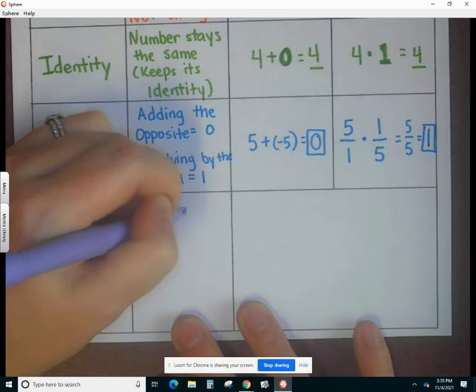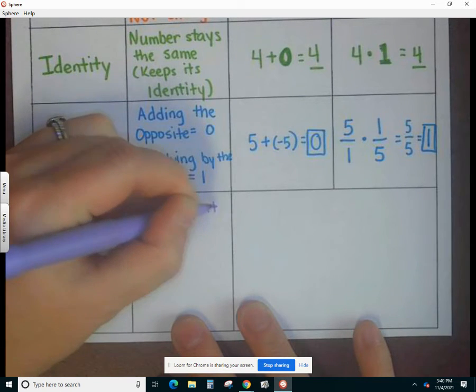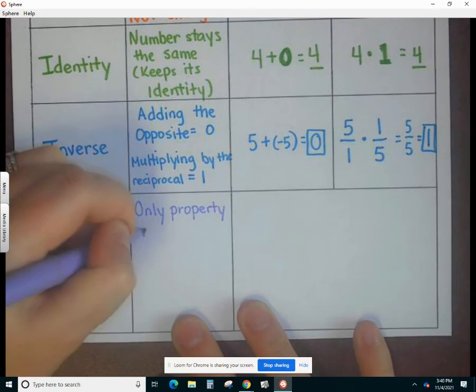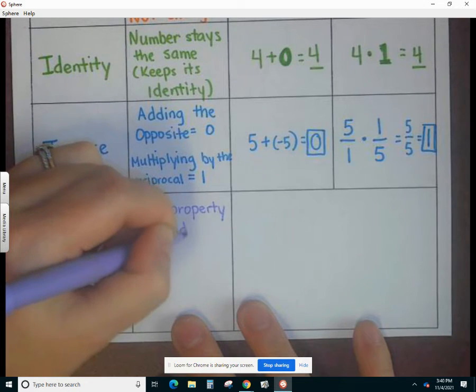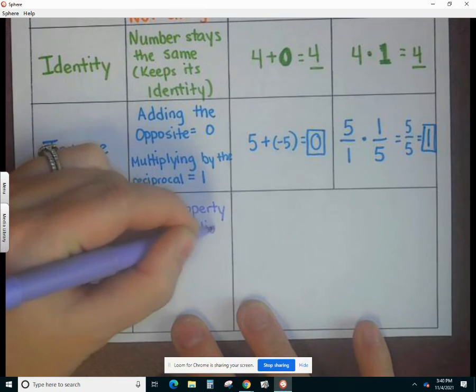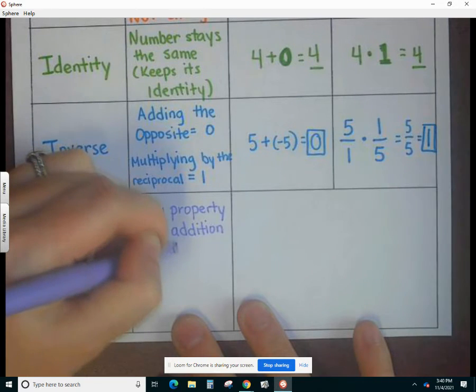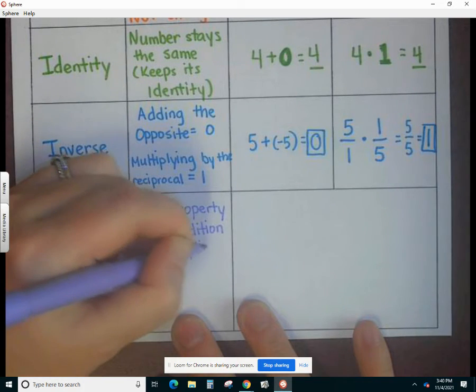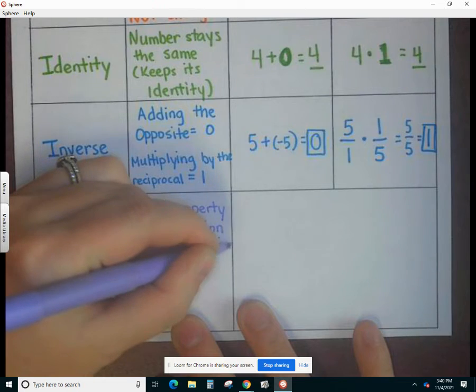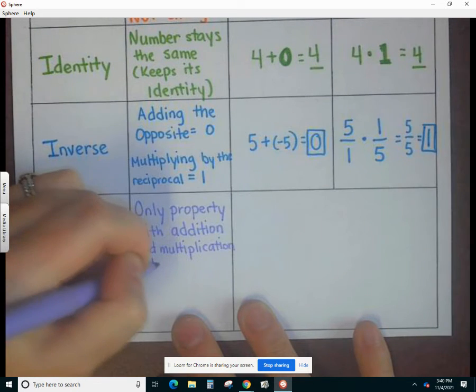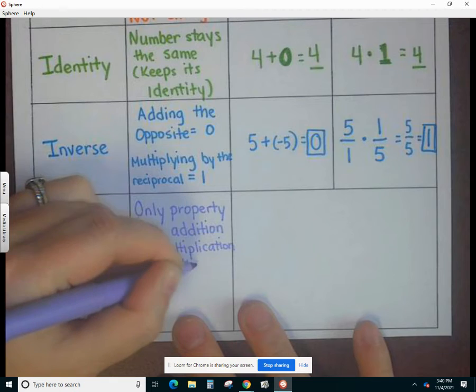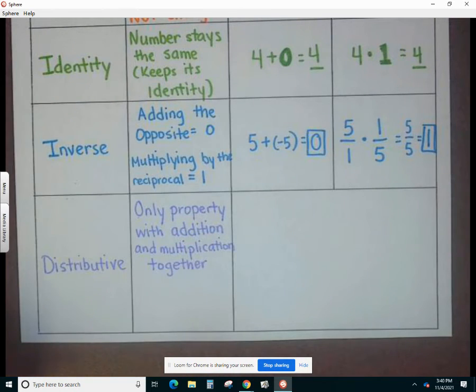This is the only property that has addition and multiplication together. All the other ones work for either one separately, not together.